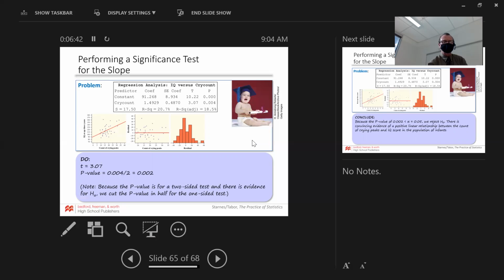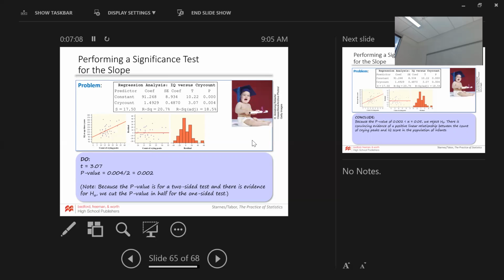Now, watch this. This is kind of awkward. This is an anomaly. See this p-value? It's over here, 0.004. The p-value in that software output is for a two-tailed test. Why is that? I don't know the answer to that. Meaning, you don't have to worry about this.